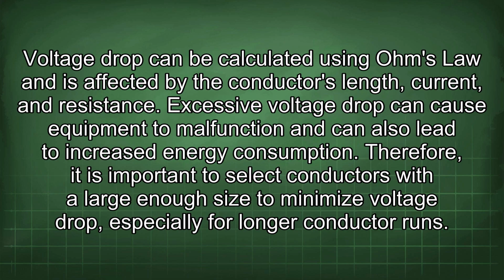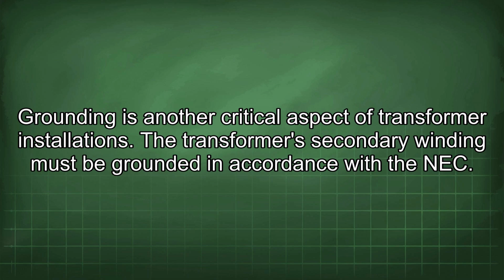Voltage drop can be calculated using Ohm's law and is affected by the conductor's length, current, and resistance. Excessive voltage drop can cause equipment to malfunction and can also lead to increased energy consumption. Therefore, it is important to select conductors with a large enough size to minimize voltage drop, especially for longer conductor runs.